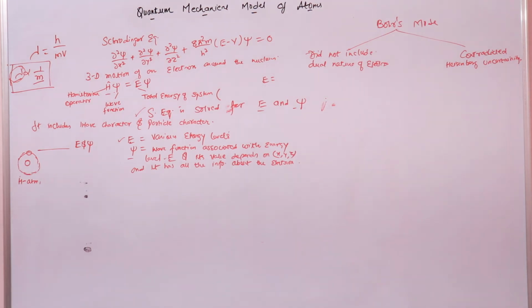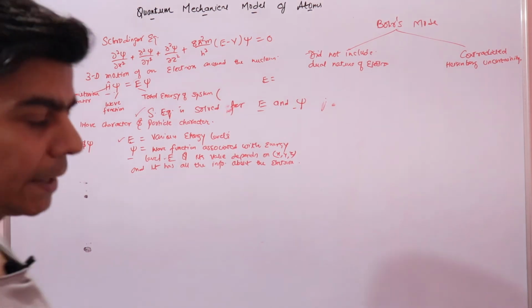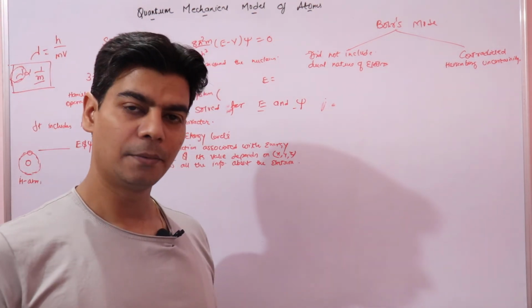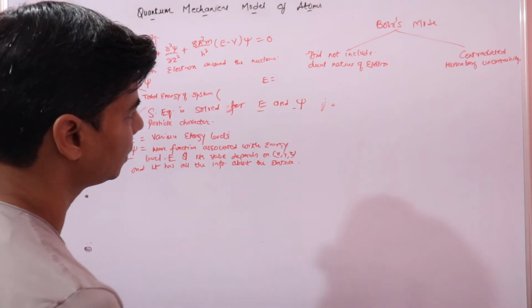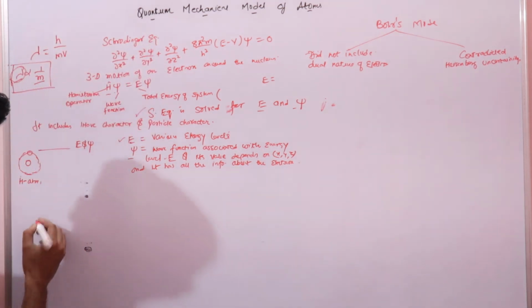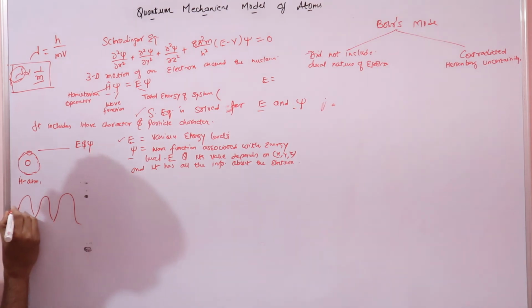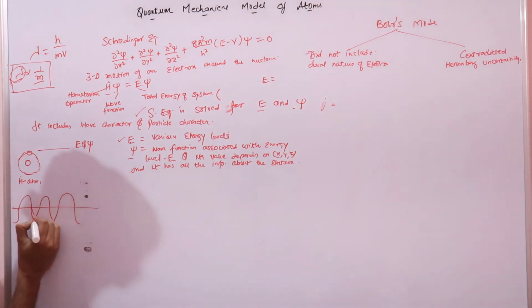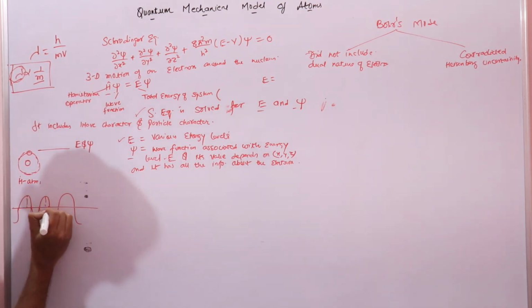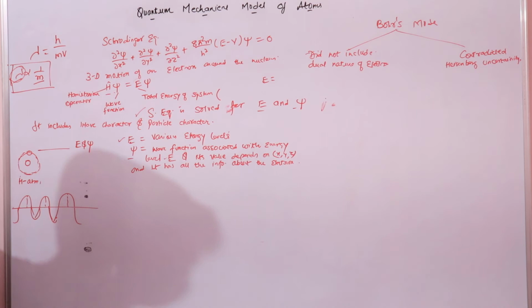So now let's talk a little more about this psi, right? If you remember, you have studied about sound waves and light waves in your physics. So when we talk about sound waves, if this is the wave, this is the amplitude A of this wave.